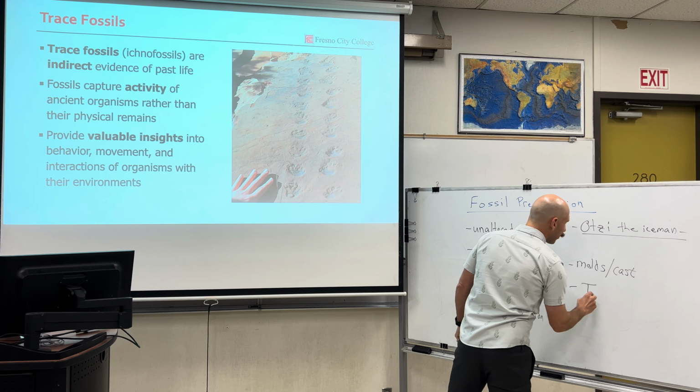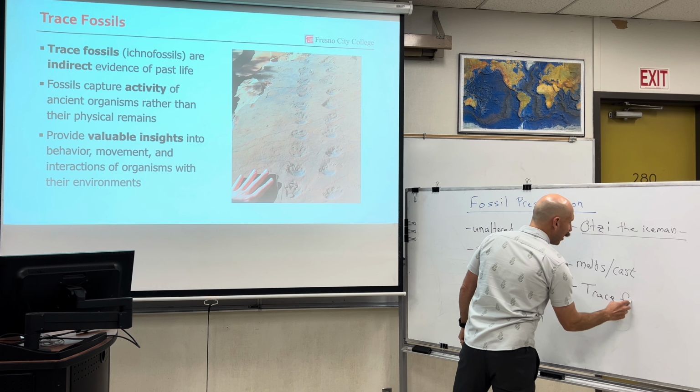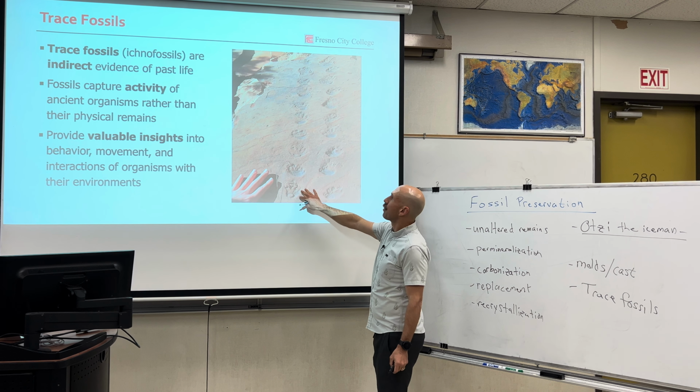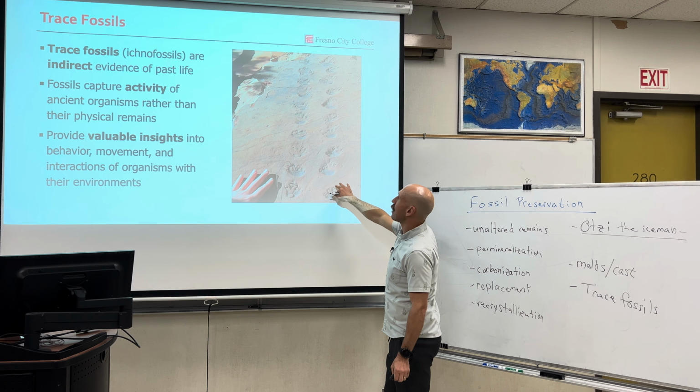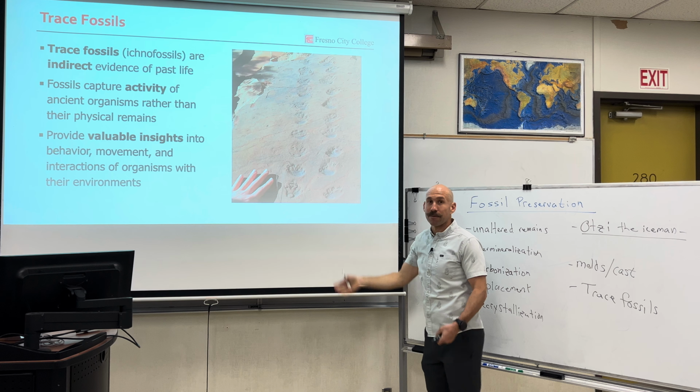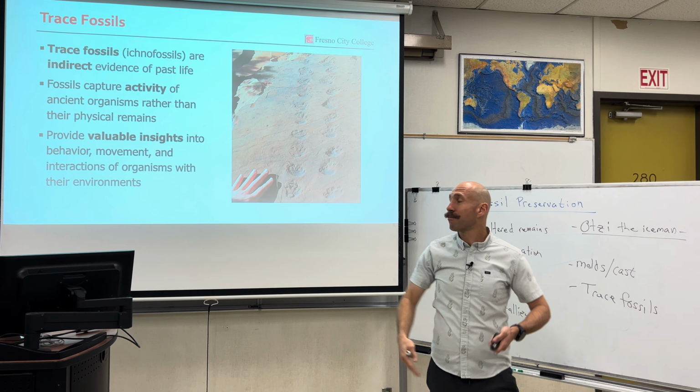Trace fossils is just how it sounds. This is the footprints or the remains. It's showing indirect evidence of the activity of an organism, which in and of itself is extremely valuable.